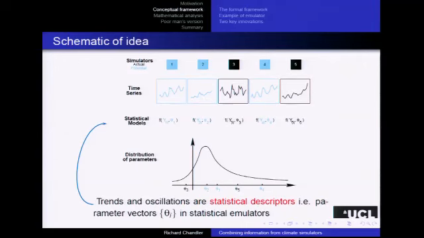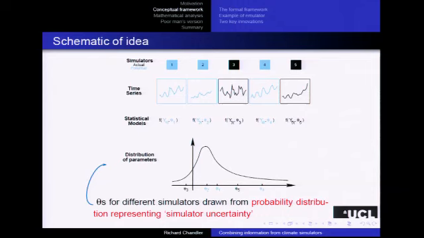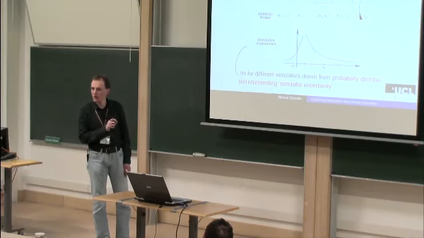So I can write down a statistical model which has the data from this simulator, described by some parameters: the slope, the oscillation, etc. What I would like to do then is take these thetas, these parameters in my statistical model, and characterize the variation in those thetas by a probability distribution. And I claim that probability distribution represents climate simulator uncertainty.